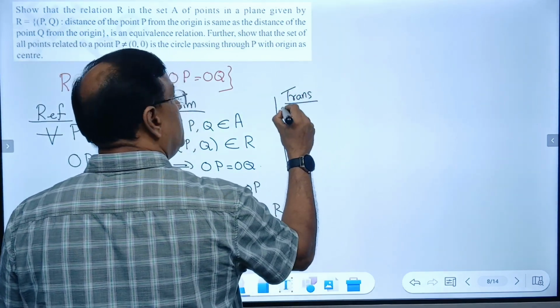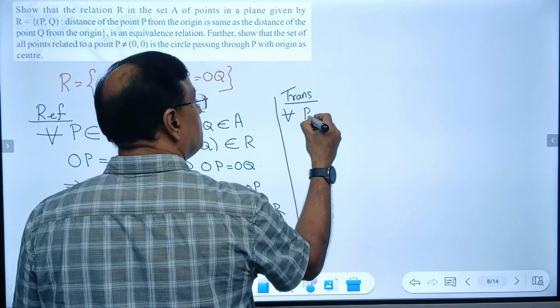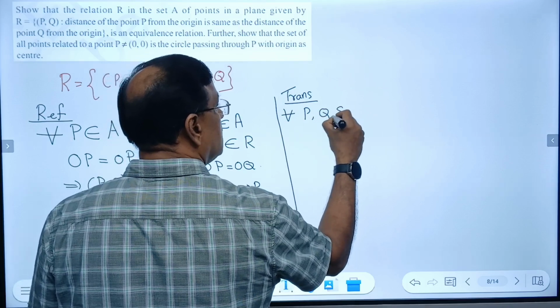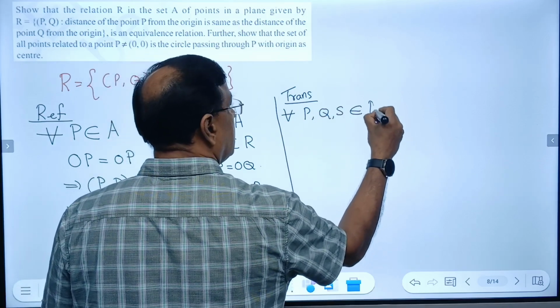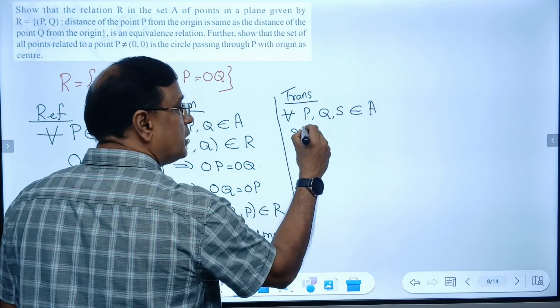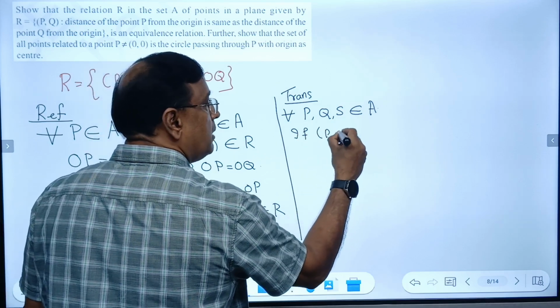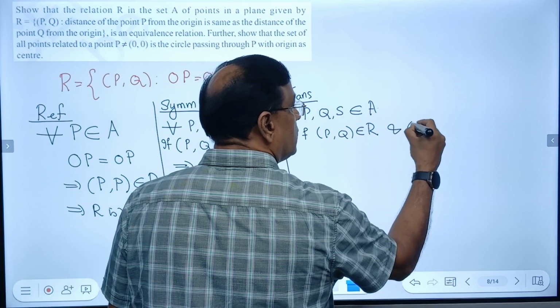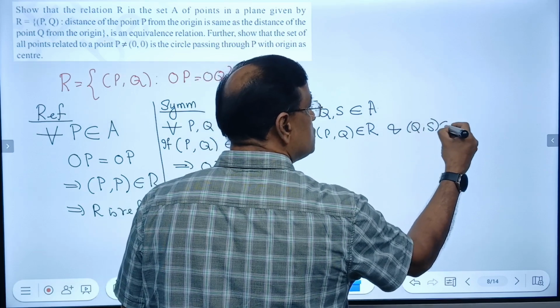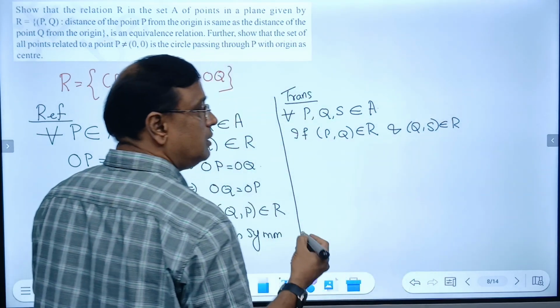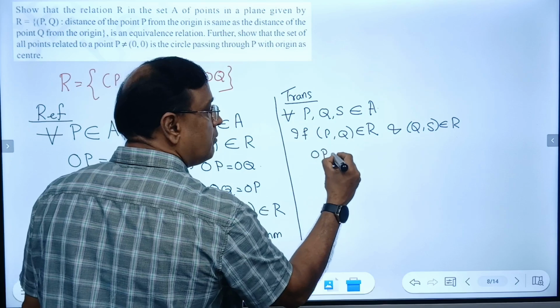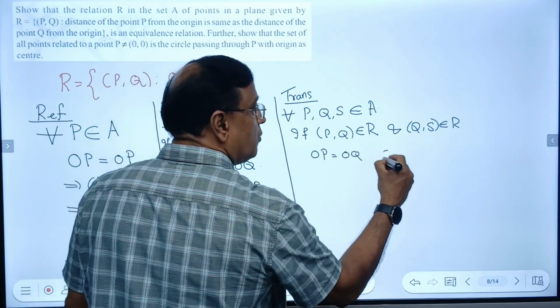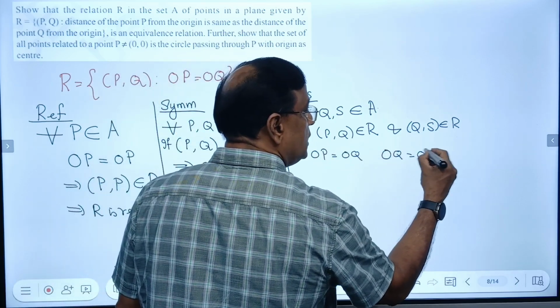Now let's go to the last one, transitive. How many elements do I choose? I choose 3 elements, P, Q and S belonging to set A. If (P, Q) belongs to R and (Q, S) belongs to R, this means OP equal to OQ and OQ equal to OS.